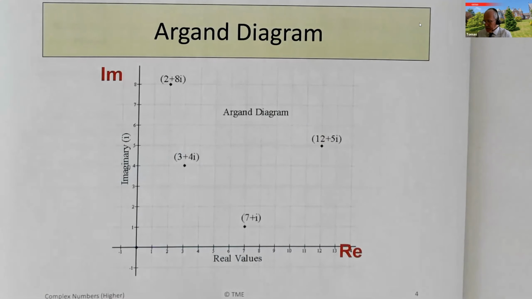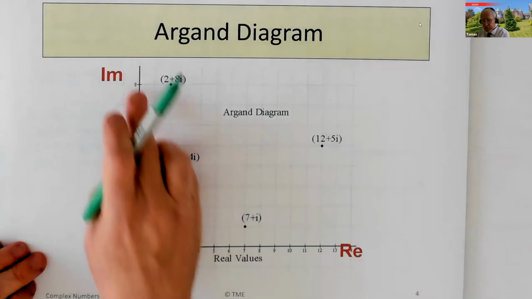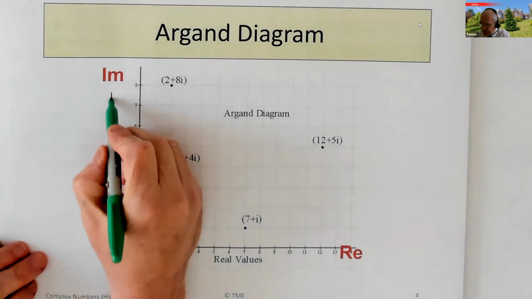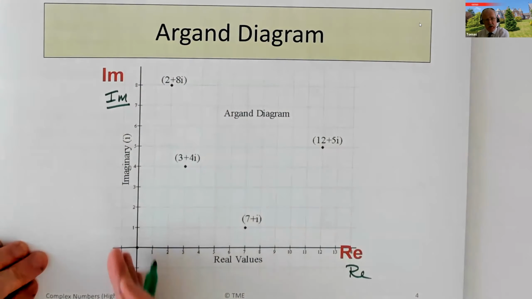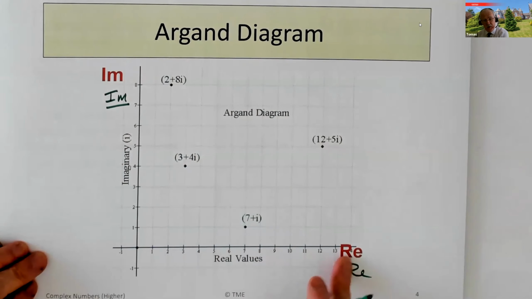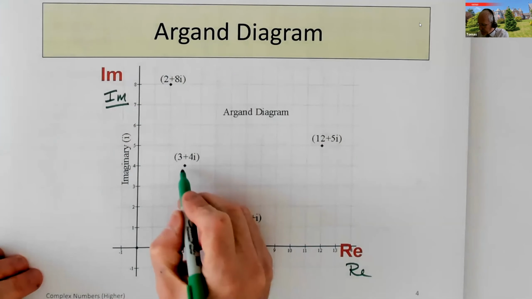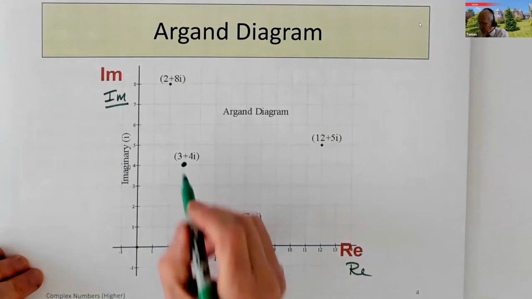It's drawn on an Argand diagram, very much like your xy diagram. There are two dimensions, so why not make them perpendicular? So this is the imaginary axis, and this is the real axis. The real is considered the x-axis, and this is the y, or this is the real number line. So for example, the complex number 3 plus 4i is seen as 3 out and 4 up.